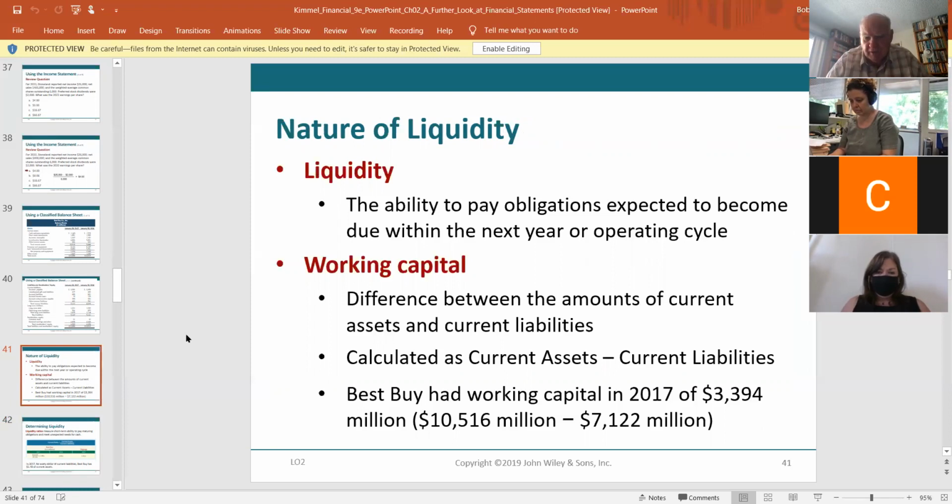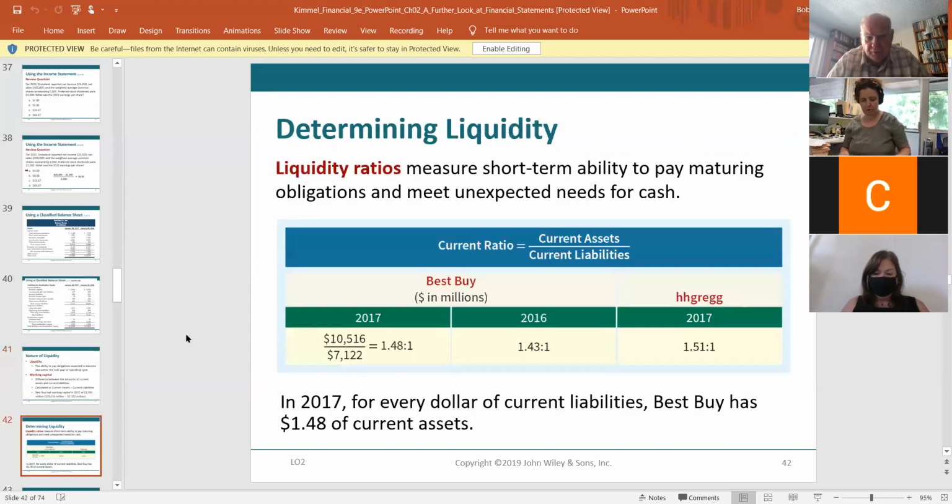Let's talk about the ratio, what's called the current ratio. Here, we're going to take the current assets and we're not going to subtract the liabilities. We're going to divide by the liabilities. So we have $10,516 in current assets divided by 7,122.